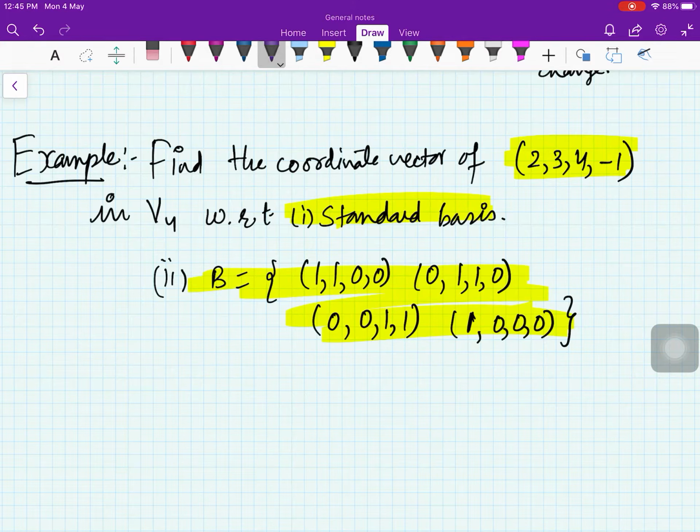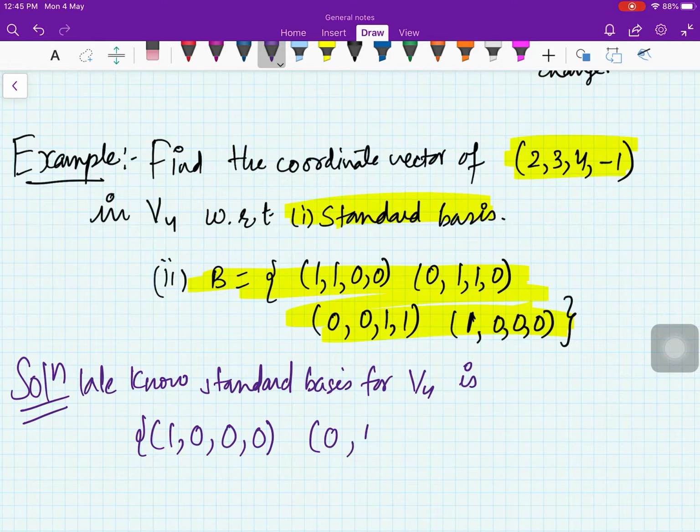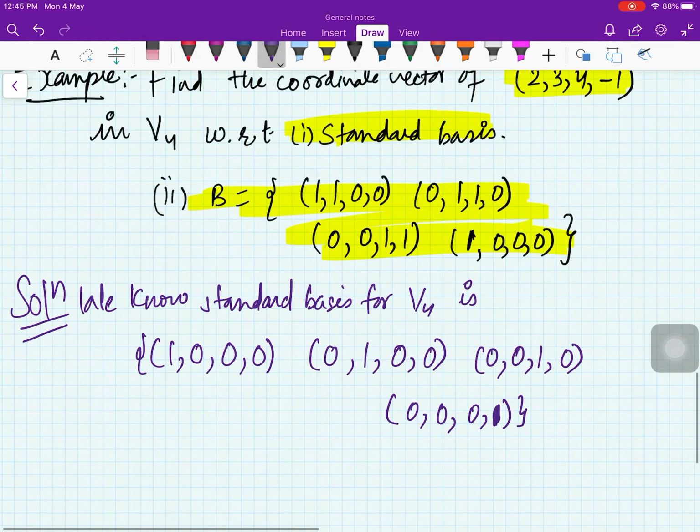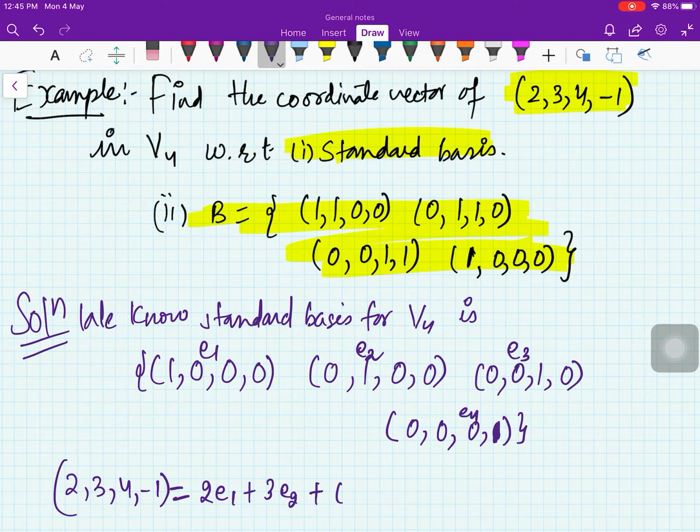So you know what a standard basis is. We know the standard basis for V4 is (1, 0, 0, 0), (0, 1, 0, 0), (0, 0, 1, 0), (0, 0, 0, 1). If we call these E1, E2, E3, E4, then clearly our vector (2, 3, 4, -1) is 2 into E1 plus 3 into E2 plus 4 into E3 plus -1 into E4.